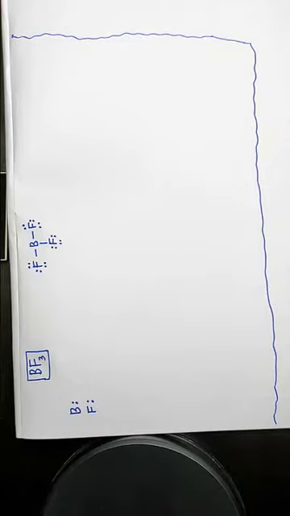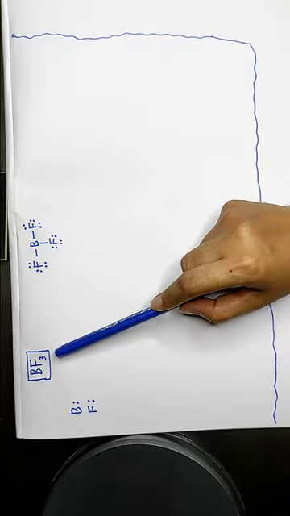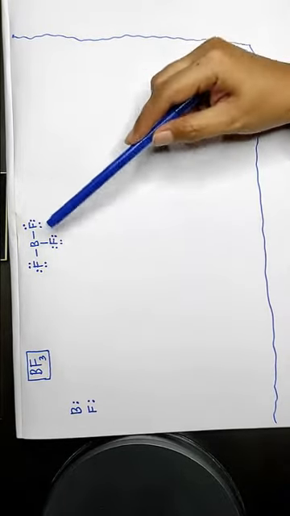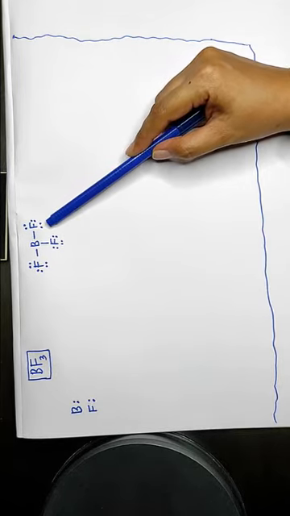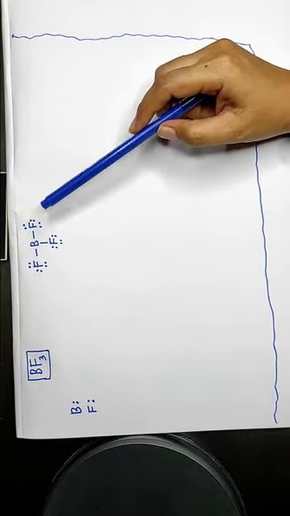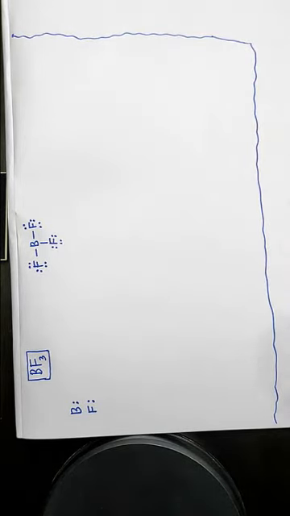Alright students, so let's continue with sp2 hybridization. I choose boron trifluoride as an example of sp2 hybridization. This is the Lewis structure of boron trifluoride, and from the Lewis structure you can see there are 3 bonding pairs, equivalent to 3 electron groups.